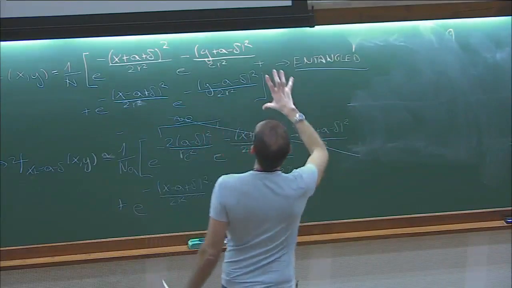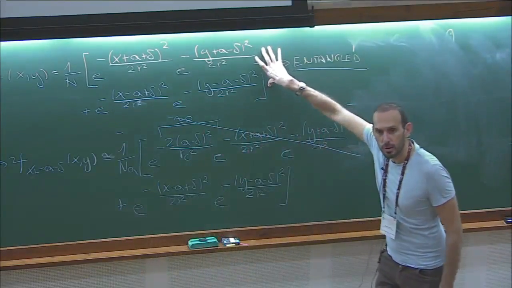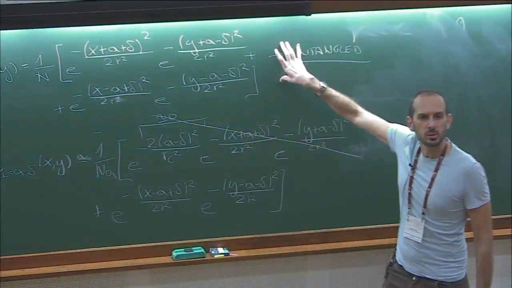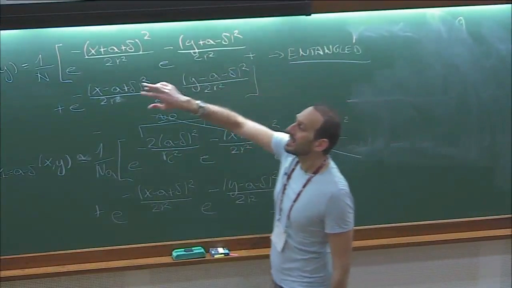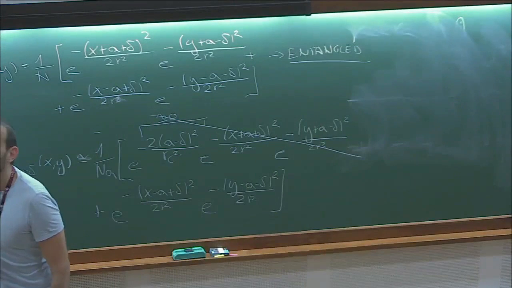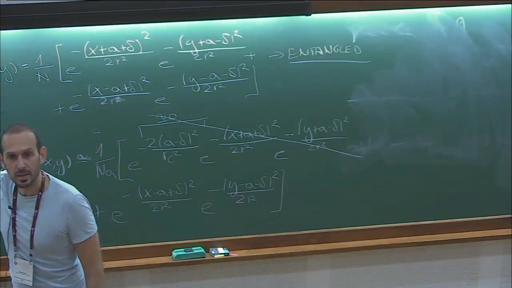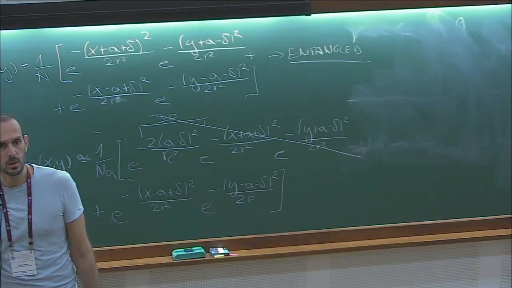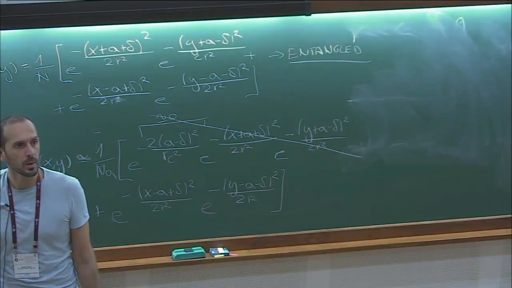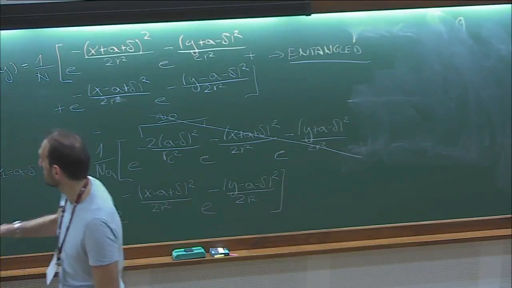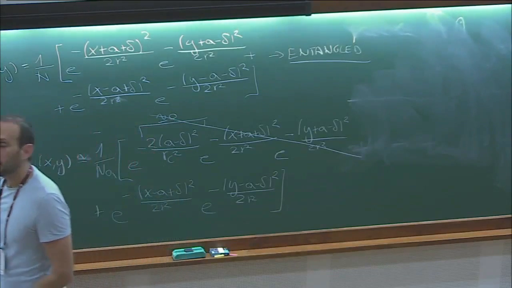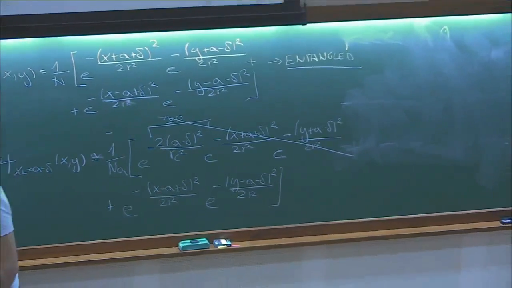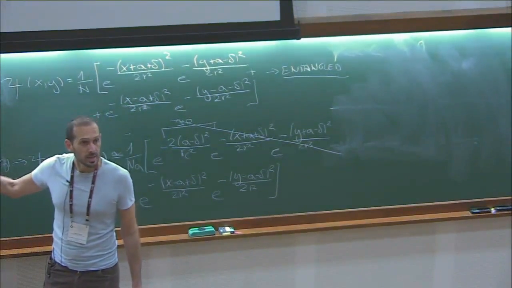But because of the specific structure of the global wave function, the collapse on particle 1 caused the collapse of the entire state, also of particle 2. Why? Because they were entangled. They go together. What happens to particle 1 affects also particle 2. So that's the effect.